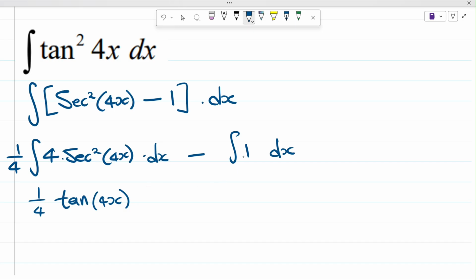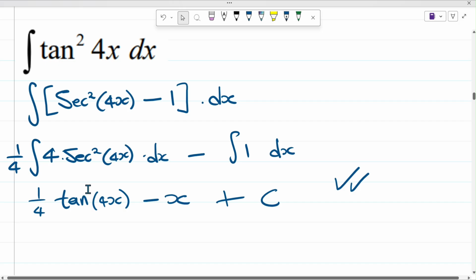And then from there we integrate this 1 here. When we integrate 1, we should get just minus x and then plus c. Then ta-da, we have our answer there. That's just it for this case.